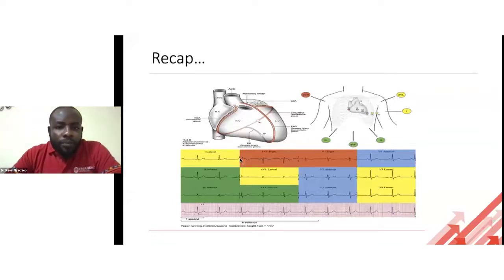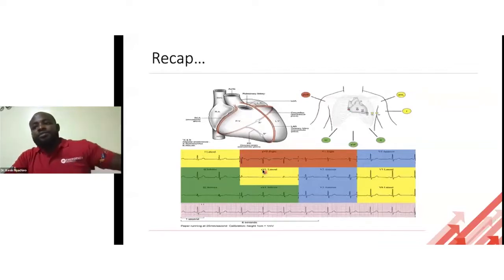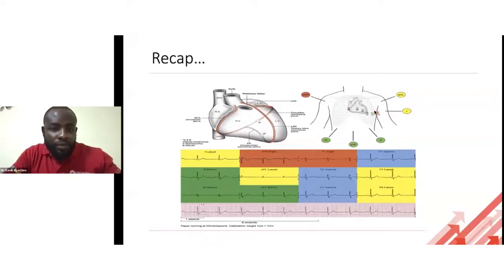So usually the left-sided leads, demarcated yellow here, are lead 1, AVL. The easiest way to remember, I tend to just put my arm out. Lead 1, remember, is on the left arm. AVL, L should be left.